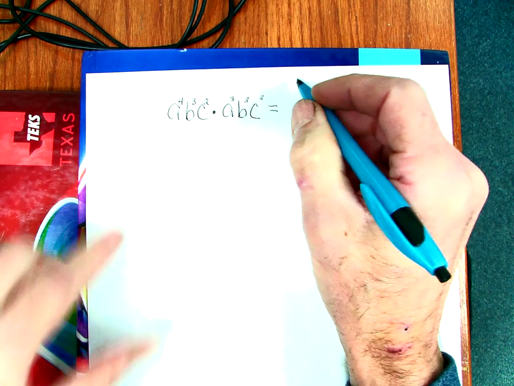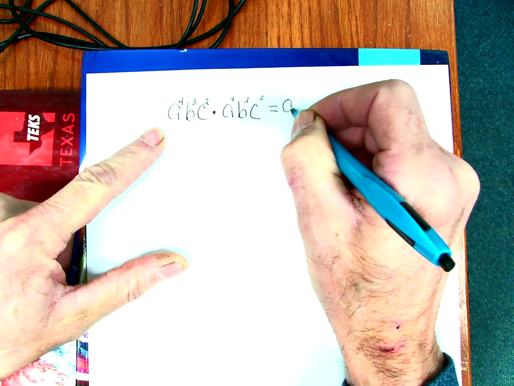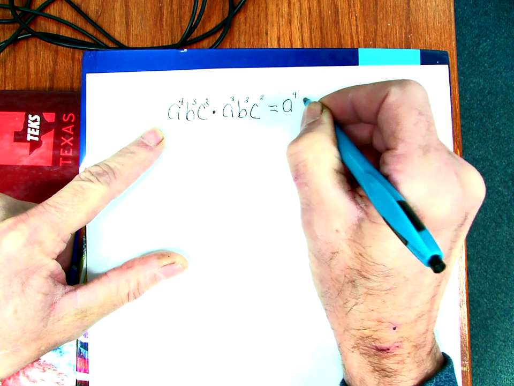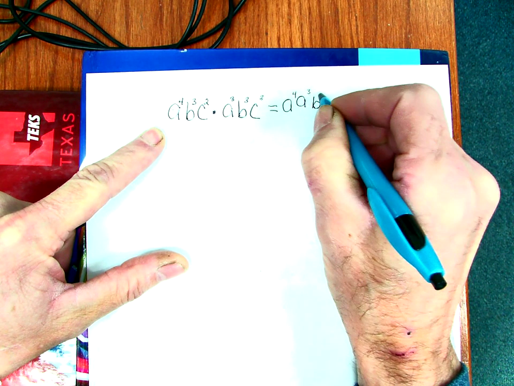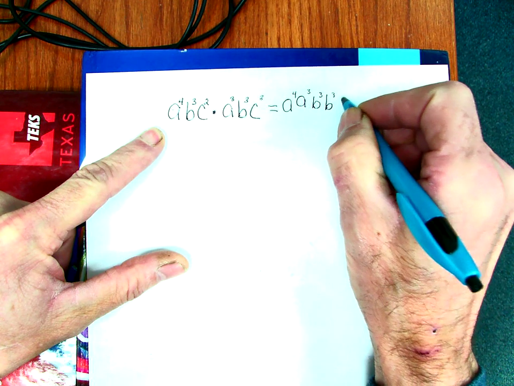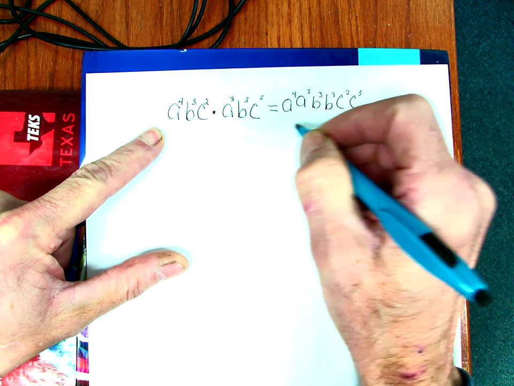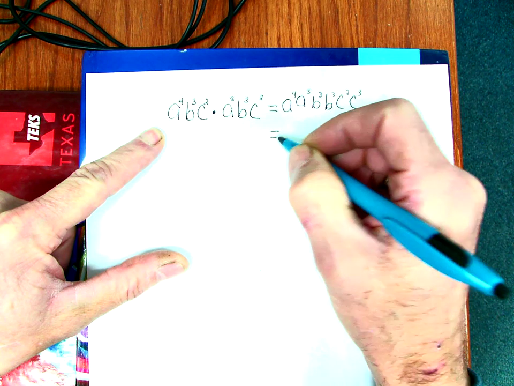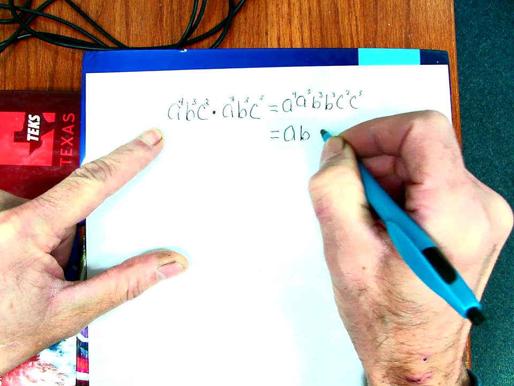I'm going to regroup this, although it's not necessary. But what I have is a to the fourth times a to the third, b to the third times b to the third, c to the second times c to the third. And now I'm going to simplify. I've got a, b, and c.